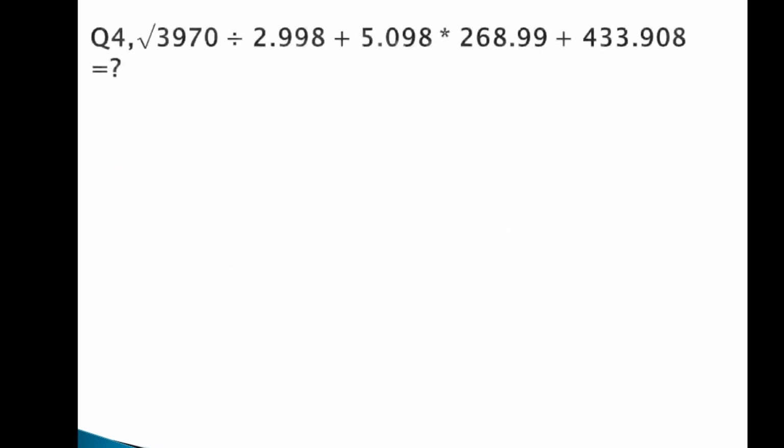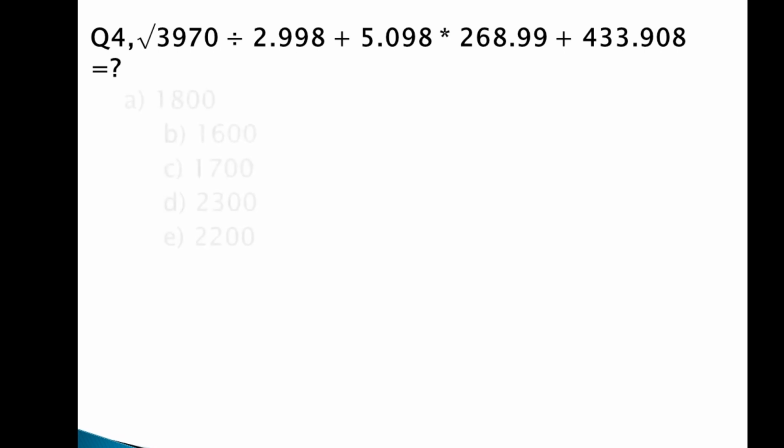Now fourth question. Square root of 3,970 divided by 2.998 plus 5.098 multiplied by 268.99 plus 433.908 is equal to question mark. We have to find the question mark.